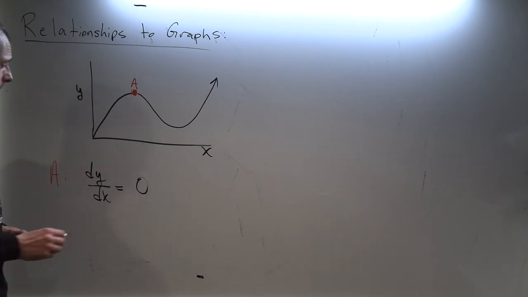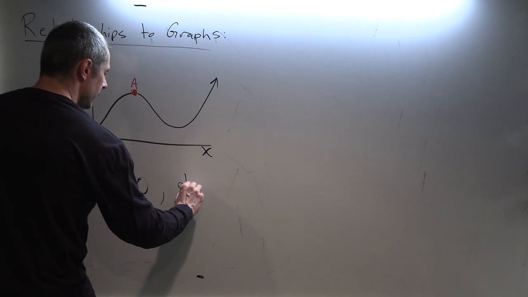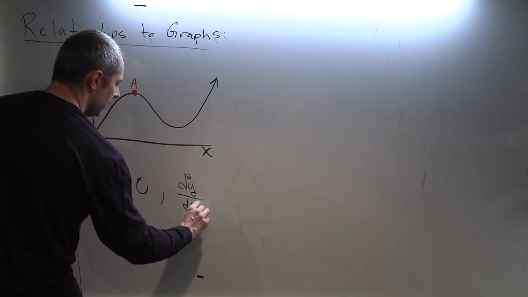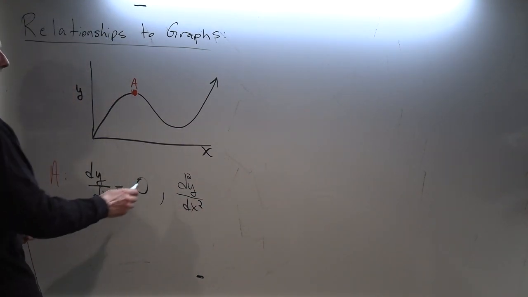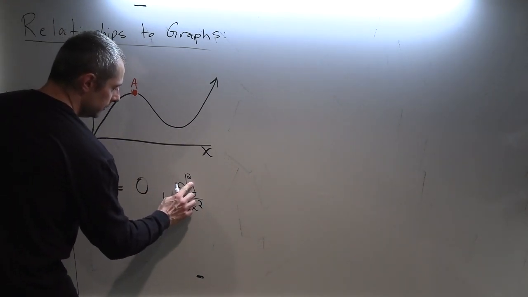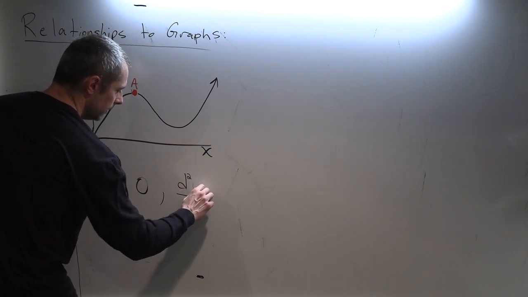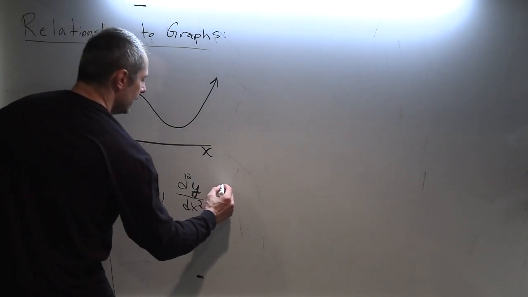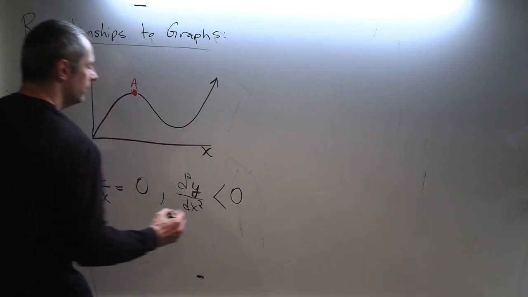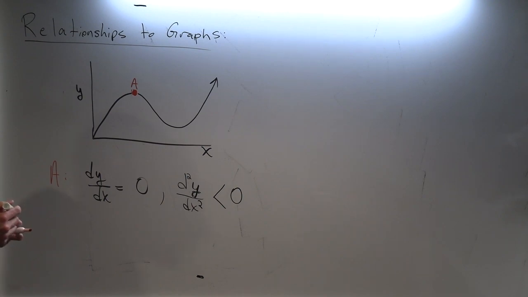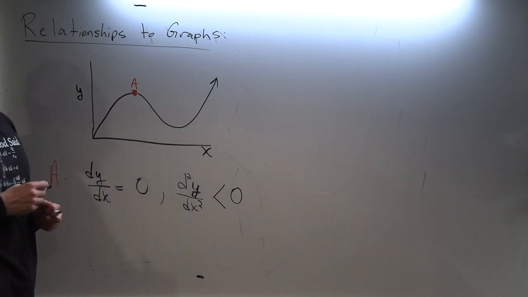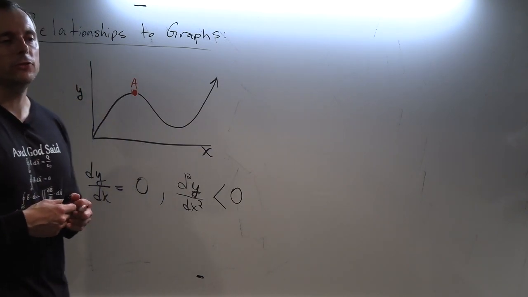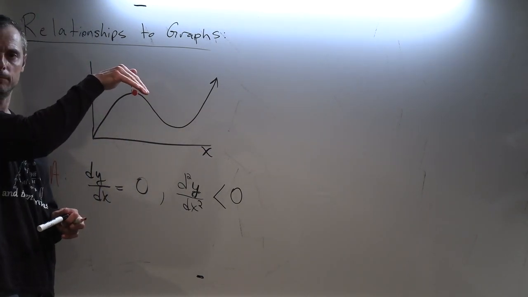What's also true is if you take the derivative of y twice, we write that, if you remember, with squareds. d squared y over dx squared here is less than 0. In other words, when the second derivative evaluated at a point on the graph comes out to be negative, that means the function is concave down. Okay?